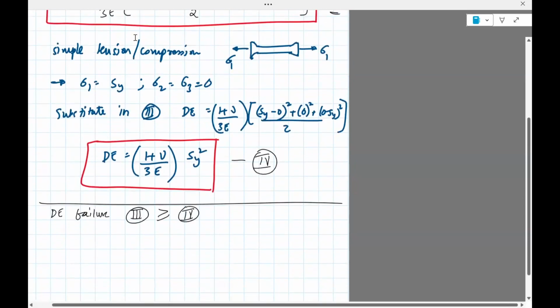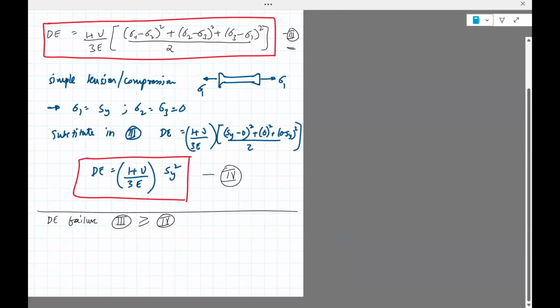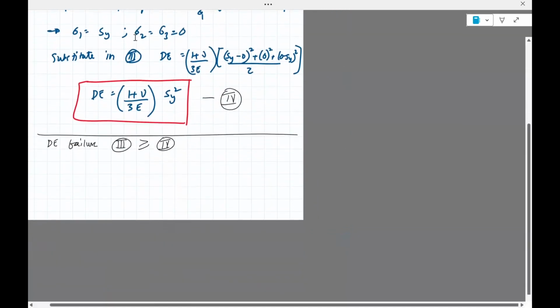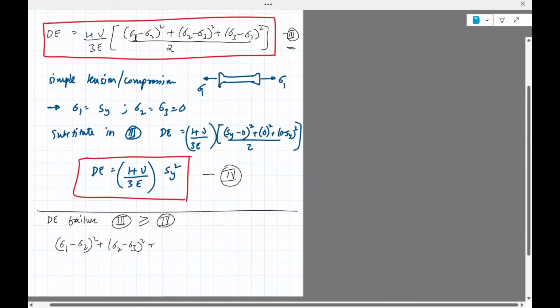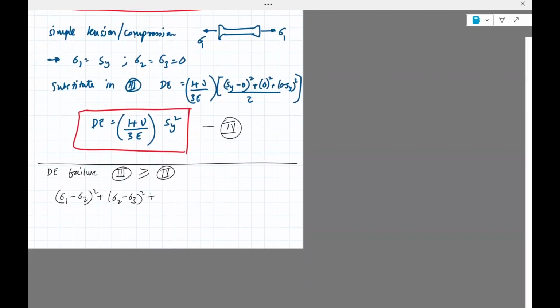So all we do is we write down 3 and we write down 4 and then put the greater than or equal to sign. So sigma 1 minus sigma 2 squared plus sigma 2 minus sigma 3 squared plus sigma 3 minus sigma 1 squared.